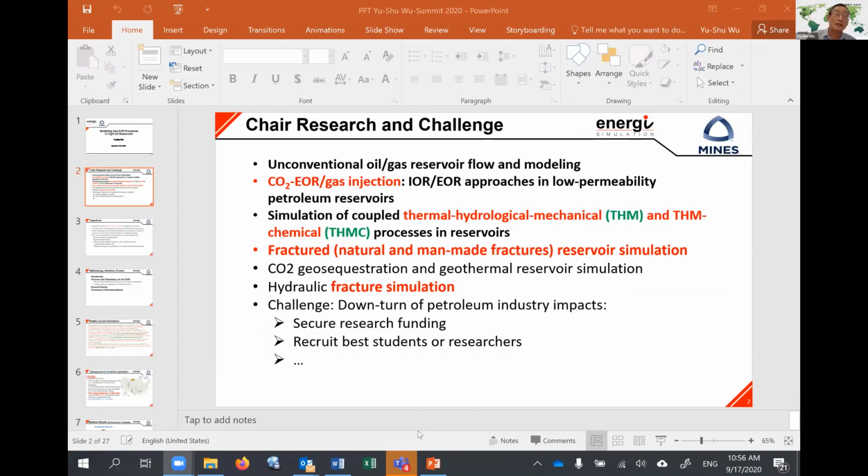Temperature will gradually increase to reservoir temperature, but not near the well. Near the well, it's controlled by the injected fluid temperature. So that's why the whole thing in terms of thermal impact is transient. As long as you inject CO2 not at reservoir temperature, you will see the temperature impact near the injector.